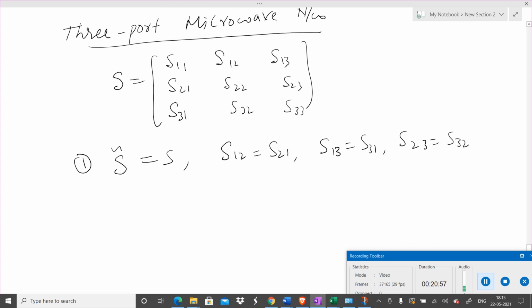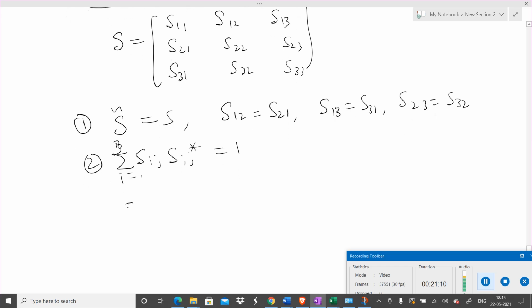Okay, the other equation we will get is the unity property, summation of Sij Sij conjugate equal to 1, i equal to 1 to 3. Let's first fix j equal to 1, so S11 conjugate plus S21 conjugate plus S31 conjugate equals 1. This is one equation.